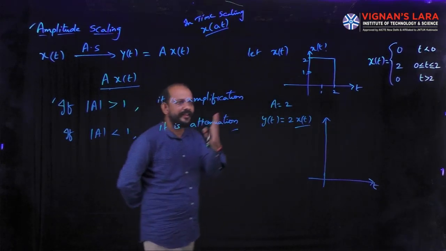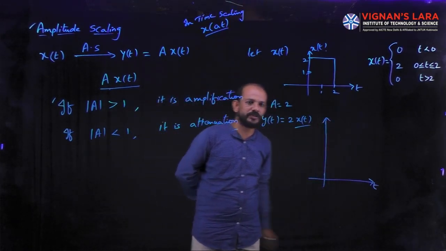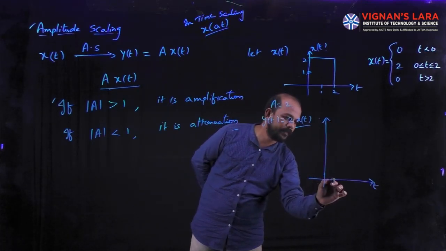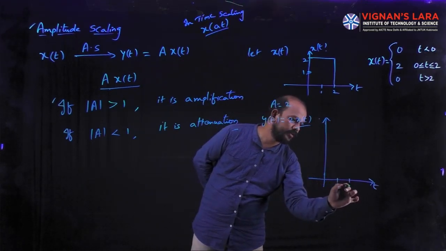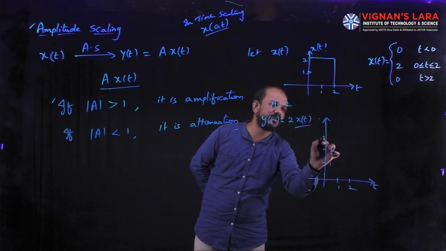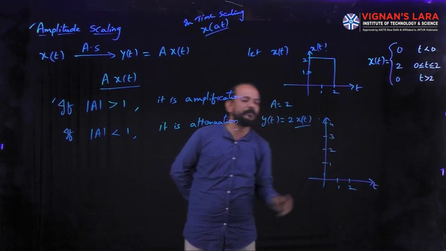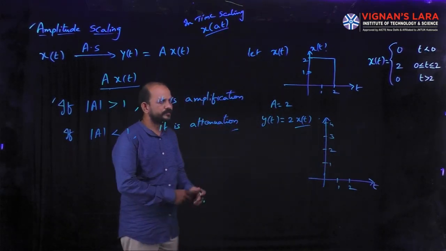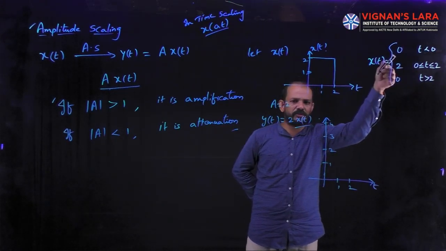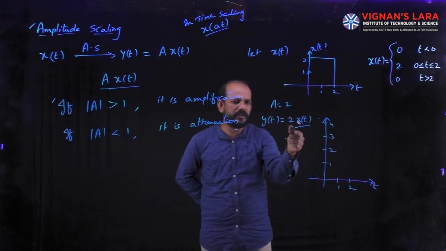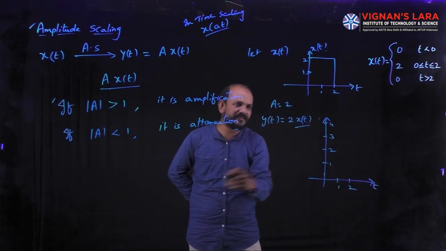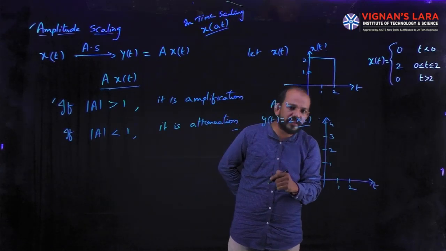So here I take the A value as 2. So the signal is 2 into x of t. For this I have to draw the diagram. Same 1, 2, 1. As I said, it will be increased in the y direction. How will it increase? Simple. For t less than 0, x of t is 0. So put here x of t.